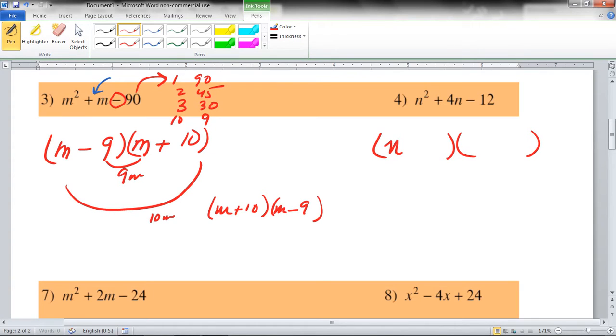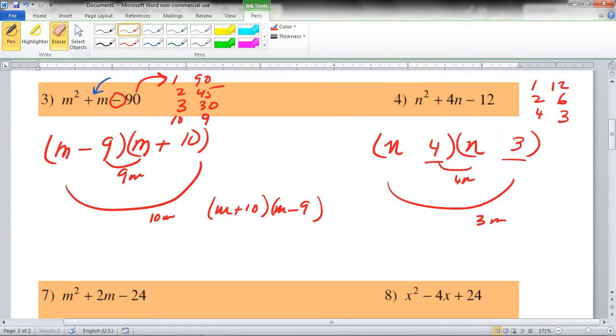Now you're getting the hang of it, hopefully. n and n, okay? So whatever goes here has to multiply to give 12. That's 1 and 12, 2 and 6, 4 and 3. If you try 4 and 3, like this, they have to add or subtract to give you 4.